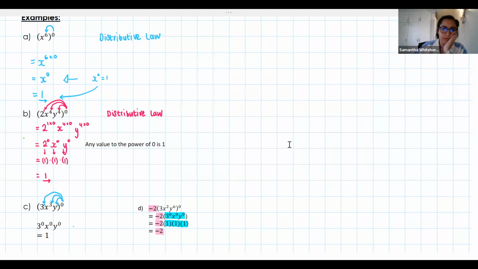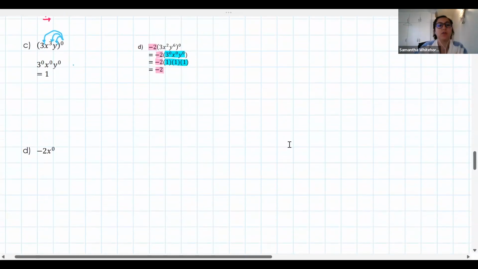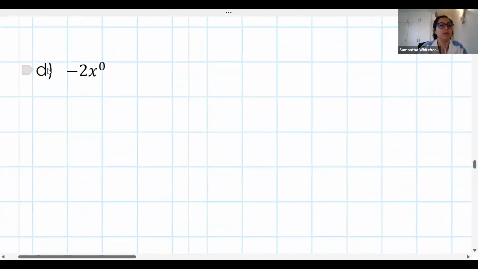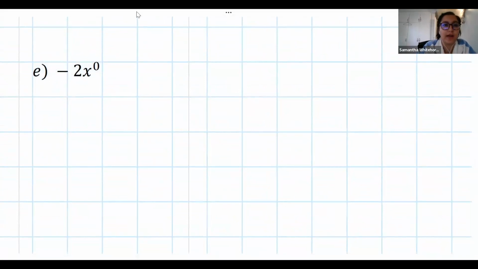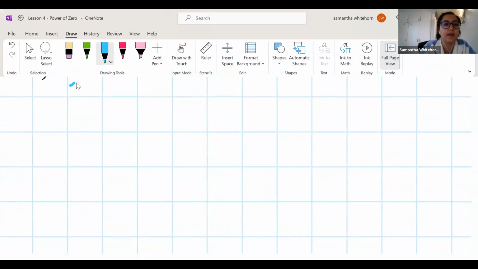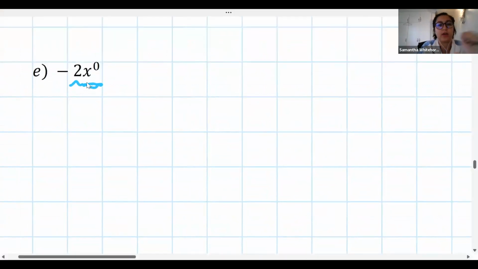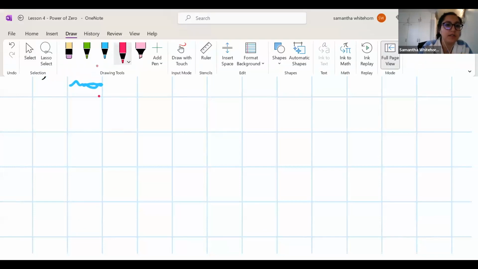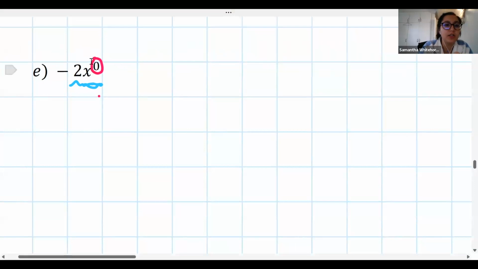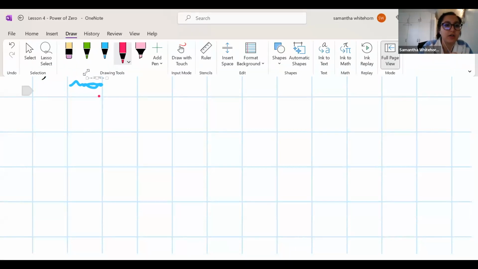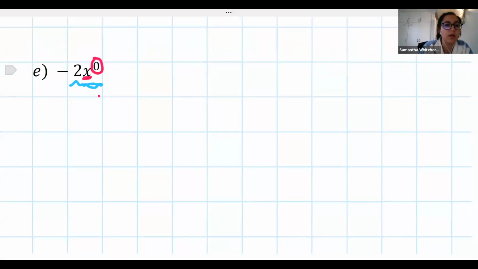Okay. Alrighty, guys. So there's just one more thing I want to chat about. This is obviously now example E because I've given you another example. One thing I want to chat about is when we have a situation where there's no bracket. So here we can see that we've got no brackets. So what we need to remember is that this exponent of 0 only applies to the base that it is attached to. Right, it only applies to that x.